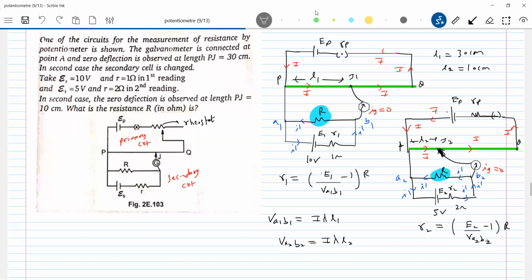What all we know, even that, I lambda and R is there. So can we solve for I lambda?